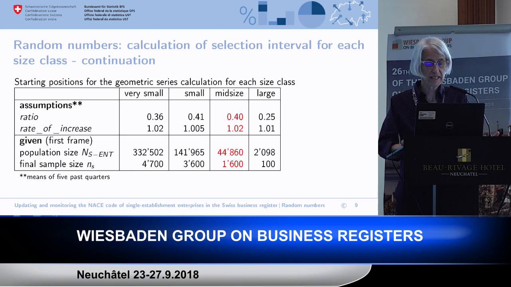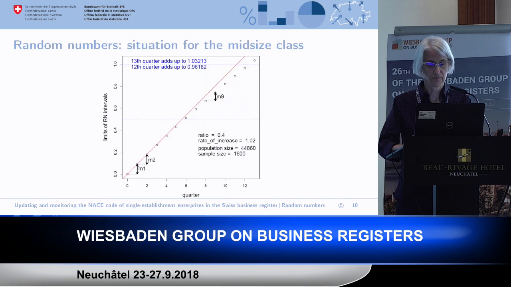The red numbers here are the numbers which are used in the following figure for the mid-size enterprises. We see that the selection intervals M1, M2, and so on become smaller. If not, the points would be on the red line. All random numbers in M1 give the mid-size enterprises of the first sample, all in M2 of the second sample, and so on.